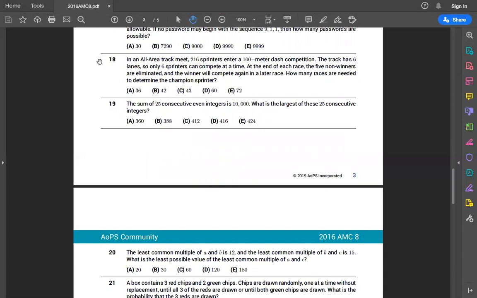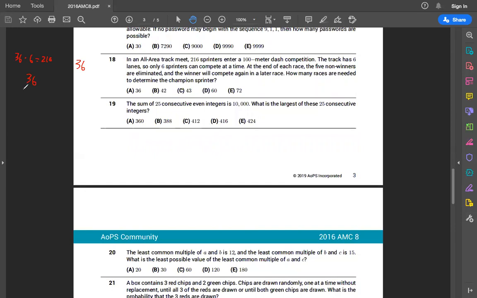So first we could imagine having 36 races, and since each race would have 6 people, that would involve all 216 people. So it's 36 races, 6 people each, all people involved. 36 races can only have 36 winners, so we've just had 36 races and there are 36 people left.